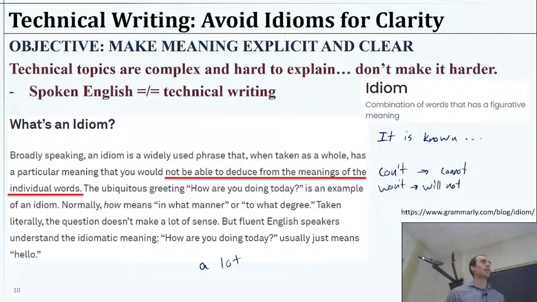So if you're saying it increased by a lot, well, technically speaking, a lot is like a lot of land, like a parking lot. So in technical writing, unless you're speaking of it increased by 20 lots of land or something of a certain size, that's kind of too informal, right?